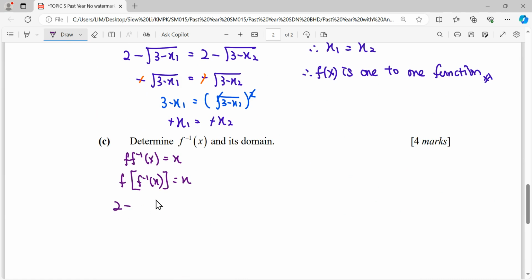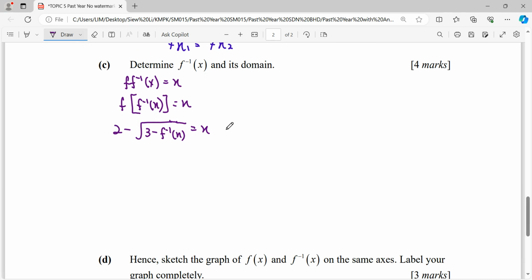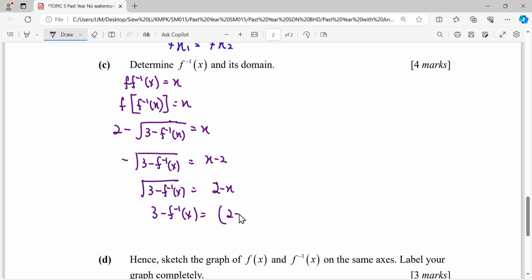Therefore, it gives you 2 minus square root of 3 minus f inverse, substituted in the place of x. Then we simplify to find out what f inverse is. So simplify here one by one, move the operation back to the right hand side. So x minus 2 divided by negative, 2 minus x, the square root becomes a square.